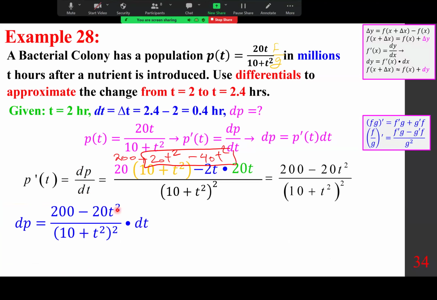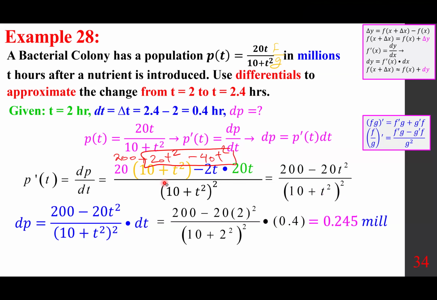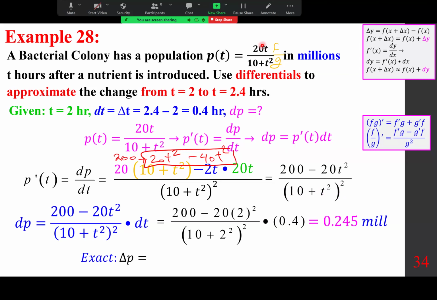If you replace the t with 2 and dt with 0.4 and evaluate this, you end up with 0.245 million bacteria. Now, if you want to find the exact, you find delta P, which means plug in 2.4, P of 2.4, evaluated.